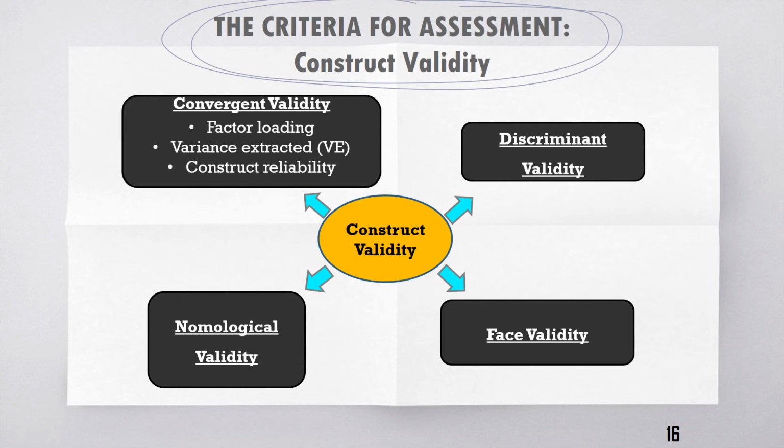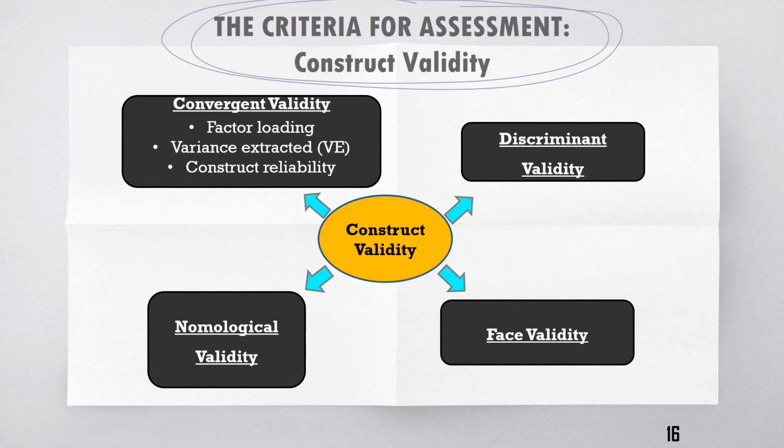It means the items that are indicators of a specific construct should converge or share a high proportion of variance in common. The ways to estimate the relative amount of convergent validity are factor loading, variance extracted, and also construct reliability. The next one is the discriminant validity.